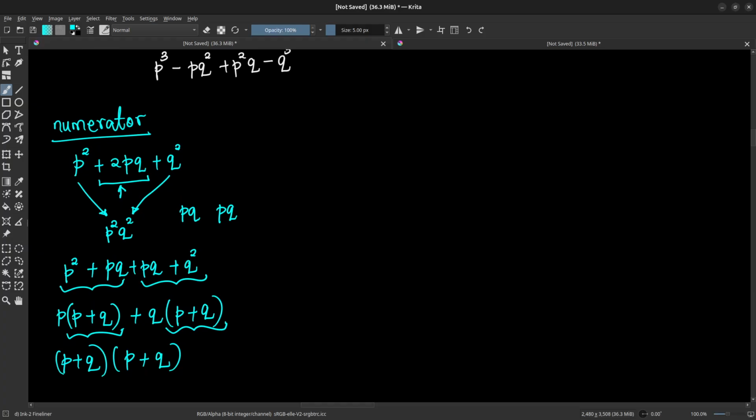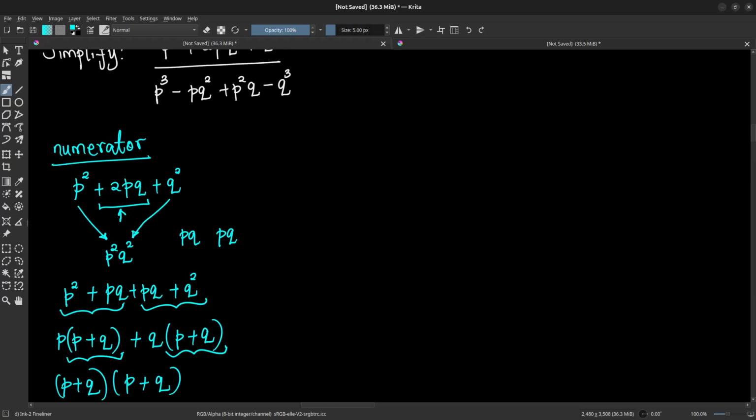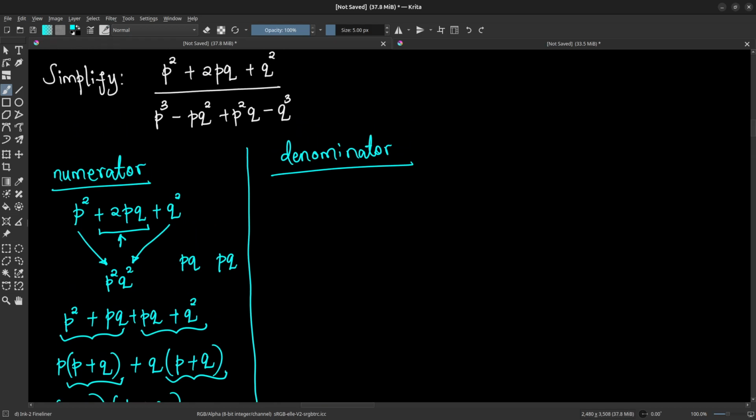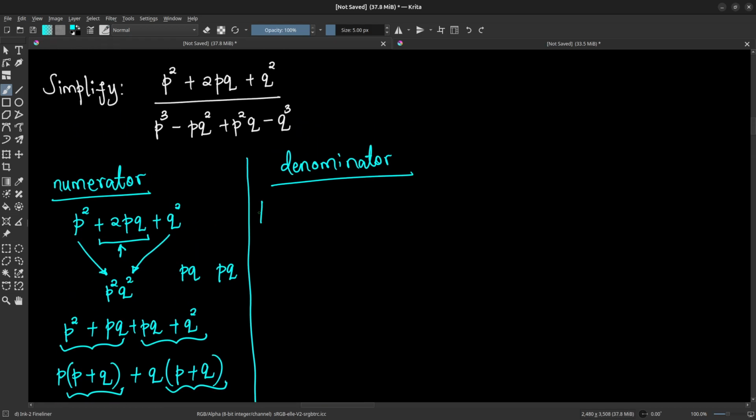Now after that, let's deal with the denominator. We were given the denominator as p cubed minus pq squared plus p squared q minus q to power 3.